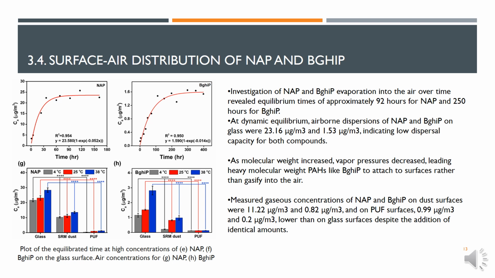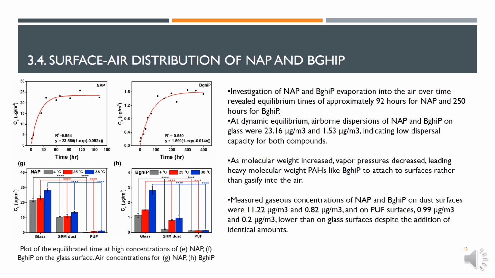The measured gas concentrations on the dust surface were 11.22 micrograms per cubic meter for naphthalene and 0.82 micrograms per cubic meter for benzopyrene, while on the POF surface, concentrations were 0.99 micrograms per cubic meter for naphthalene and 0.2 micrograms per cubic meter for benzopyrene.